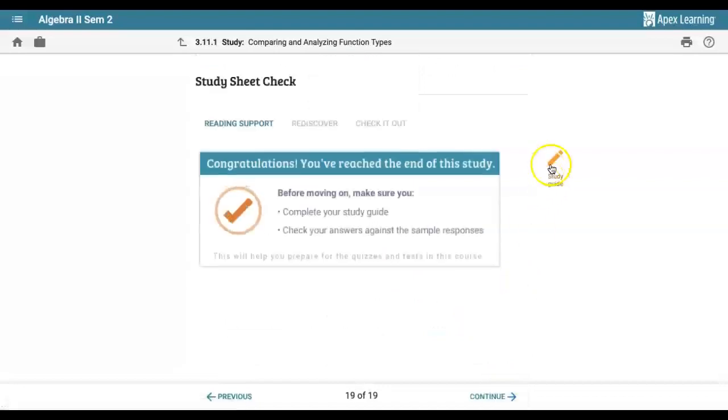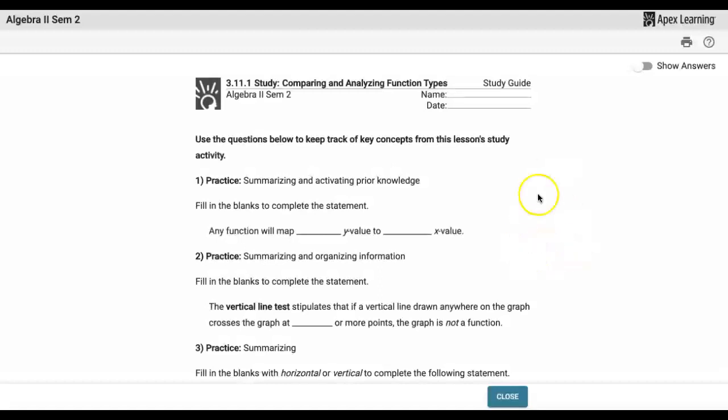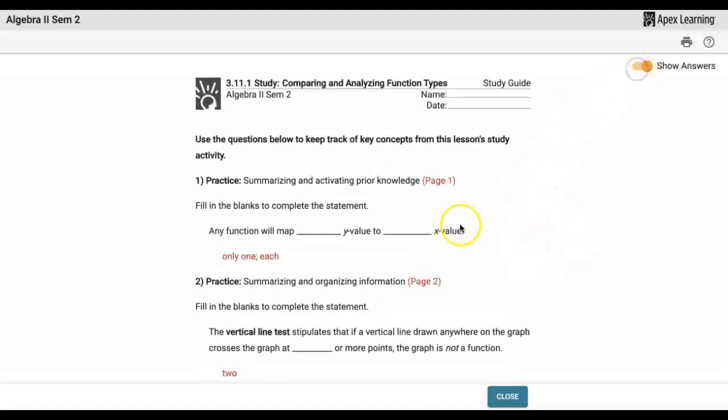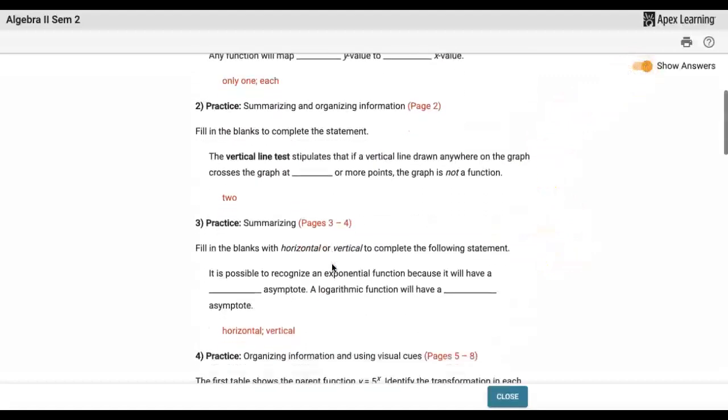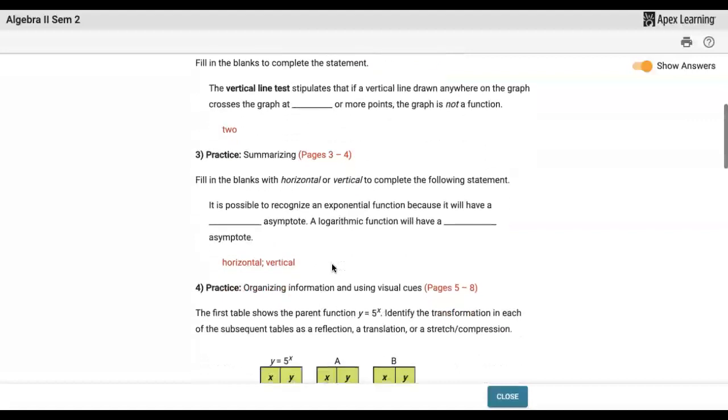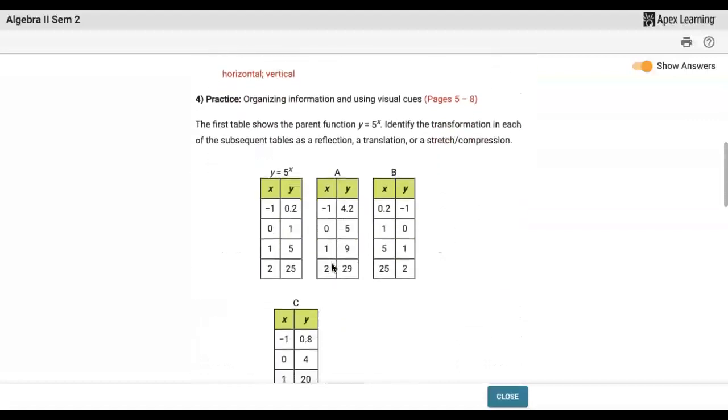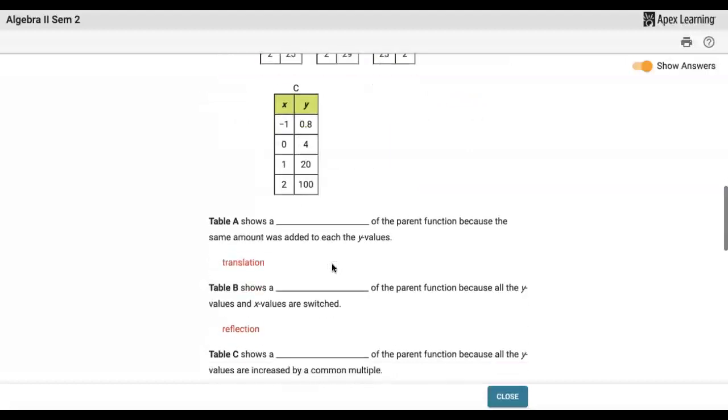Okay. Going to the study guide here. Really being able to just summarize what a function is. Hopefully by now that's second nature. And how do we test for if it's a function? How do we look for it in terms of a graph, in terms of our equation, and in terms of our table?